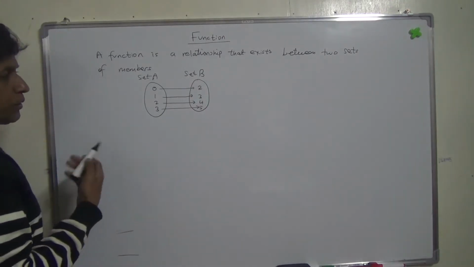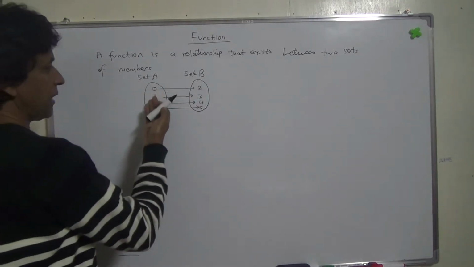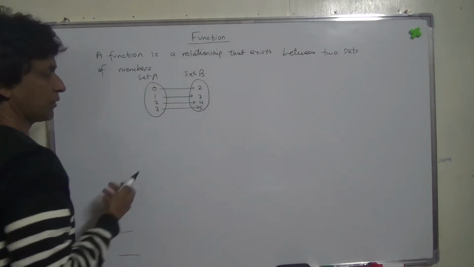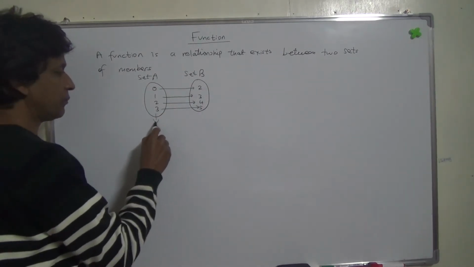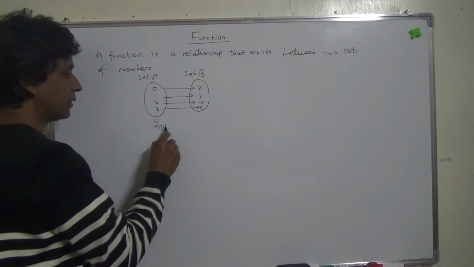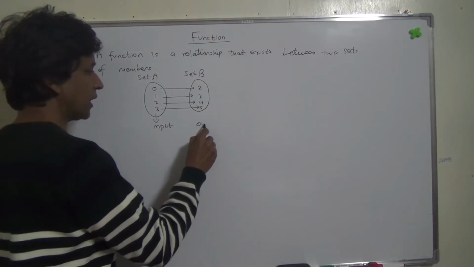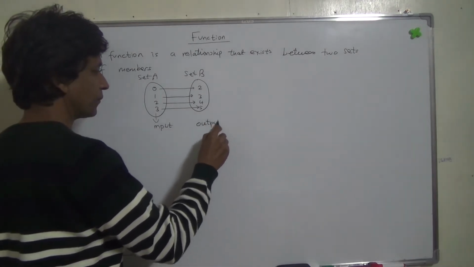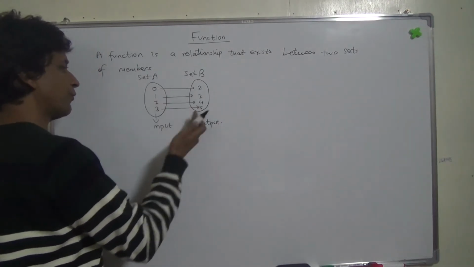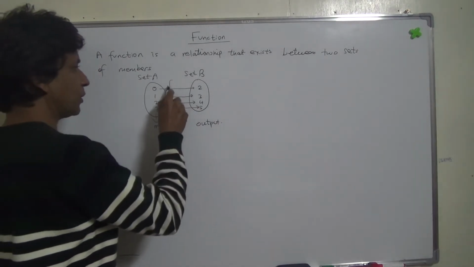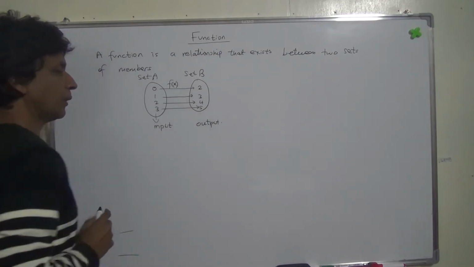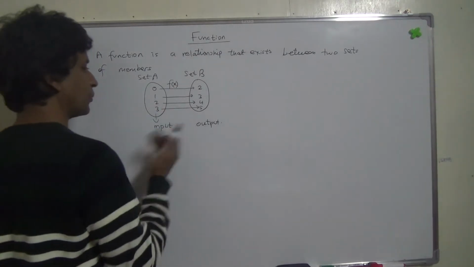When we talk about members of this set being associated with members of another set, these are the input values, and this is the output values. The input goes through a function, and the function may be called f(x), and then it becomes the output.